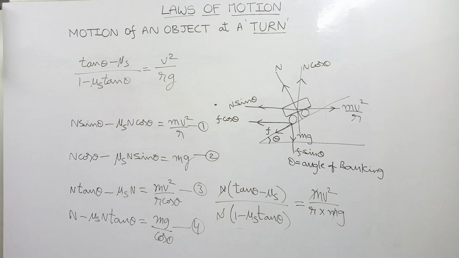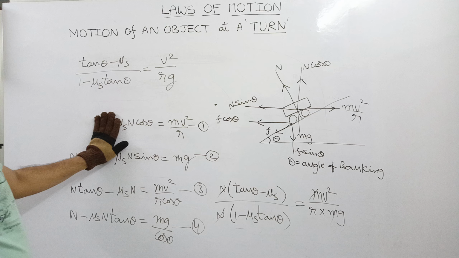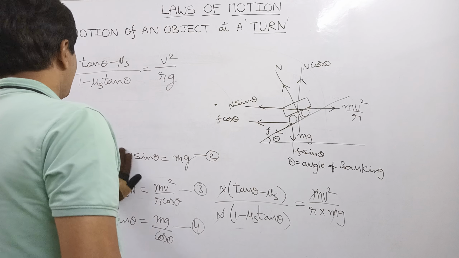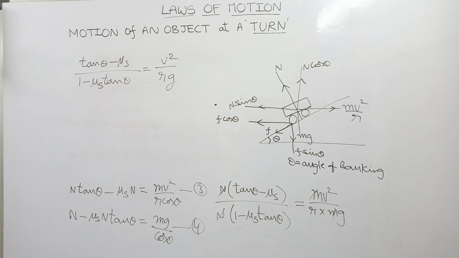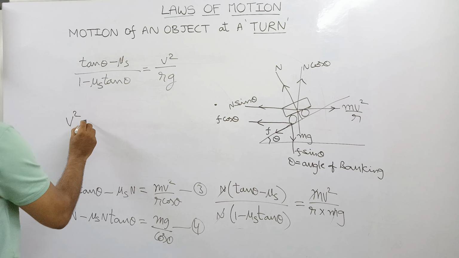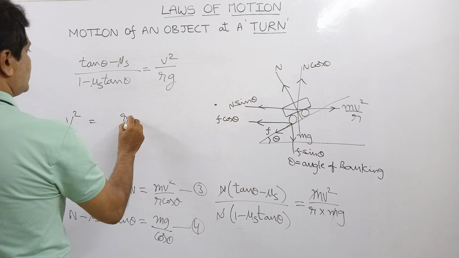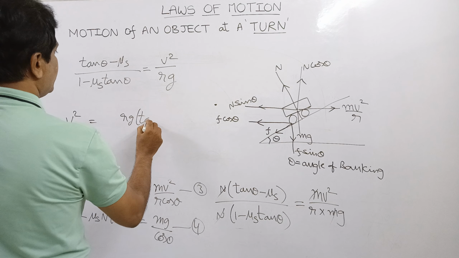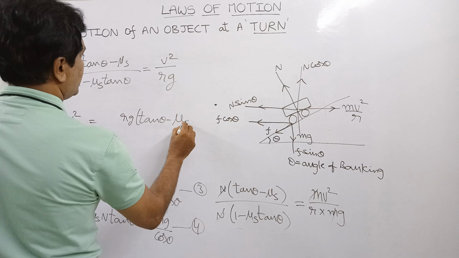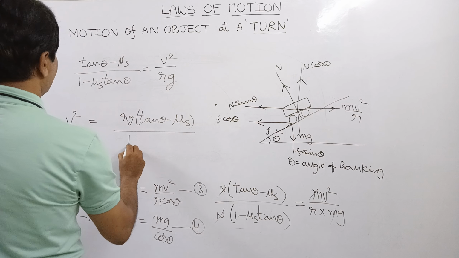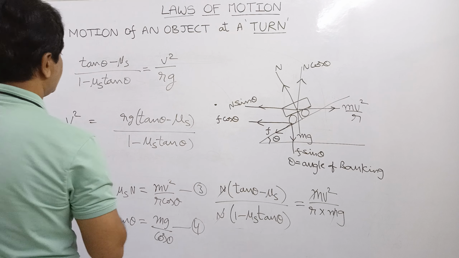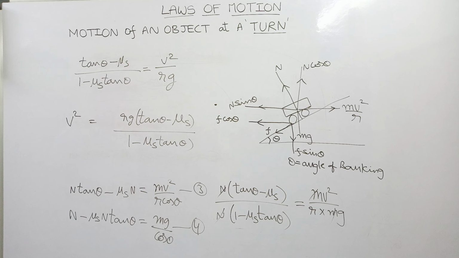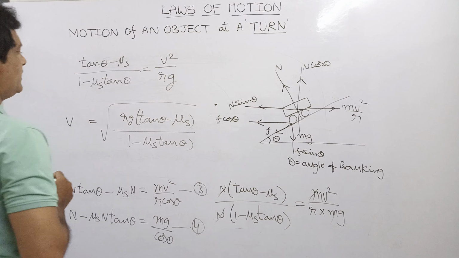So here we have got a similar kind of formula as in case A. Now we can write V square is equal to rg into tan theta minus mu s by 1 minus mu s tan theta. If we remove the square, we put a square root here.